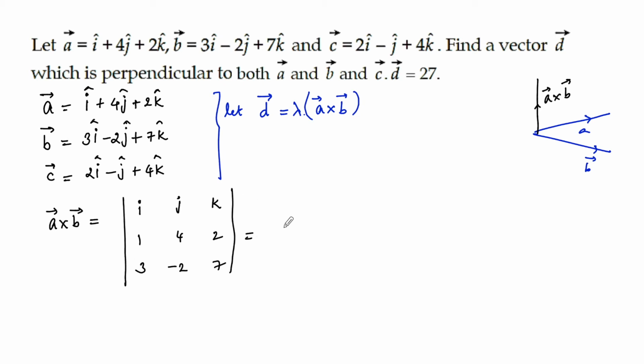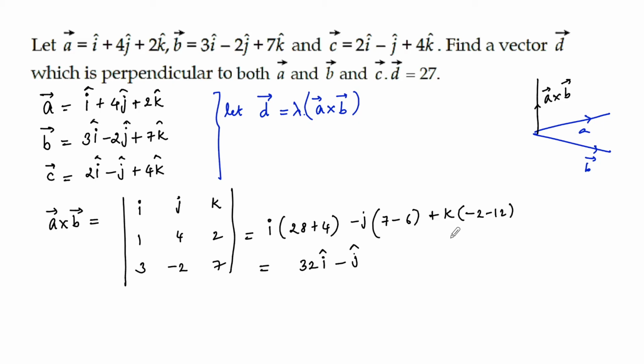Let's find its determinant, which is equal to i times of 28 plus 4, minus j times of 7 minus 6, plus k times of minus 2 minus 12. So that is 32 times of i cap minus j cap and here minus 14 times k cap. So this is the vector A cross B.